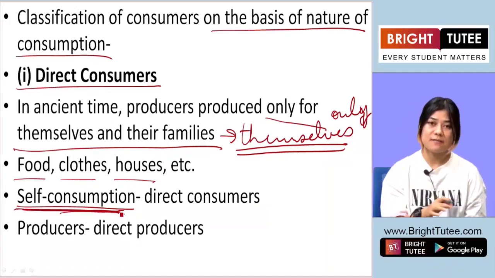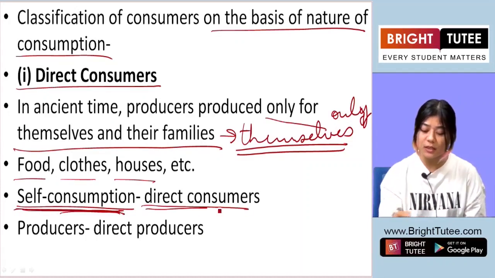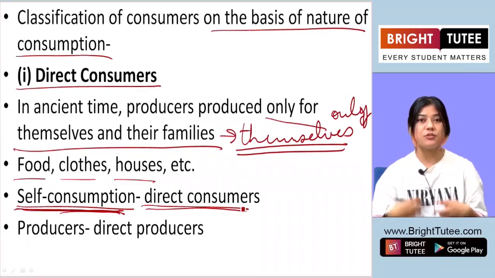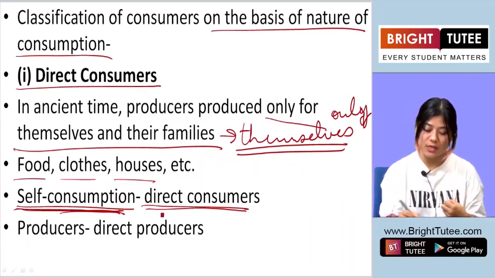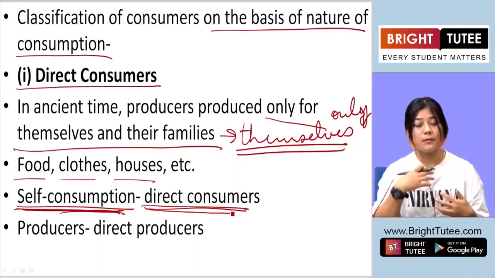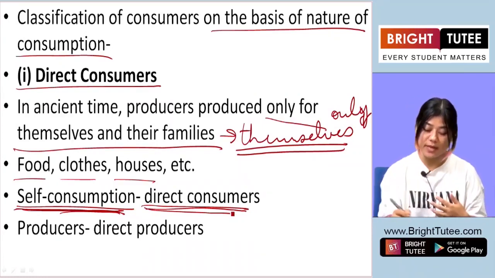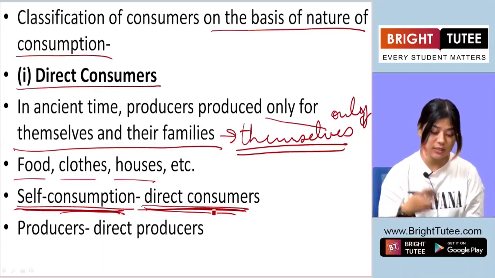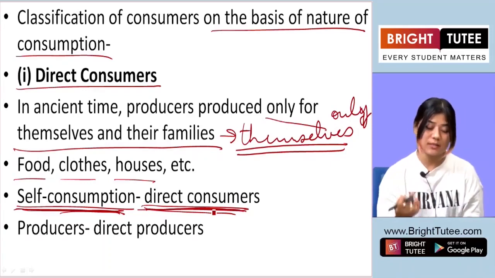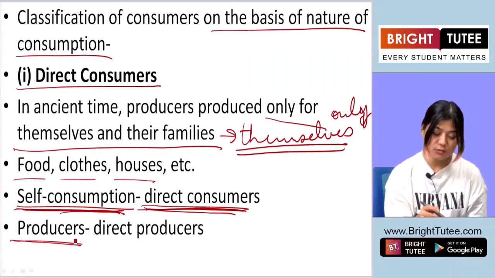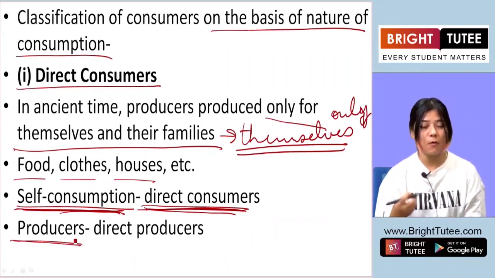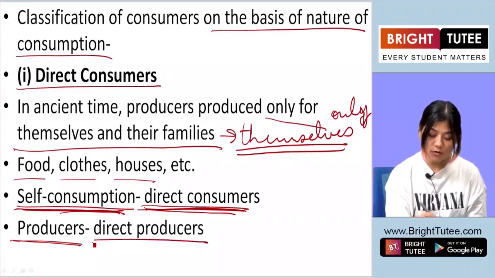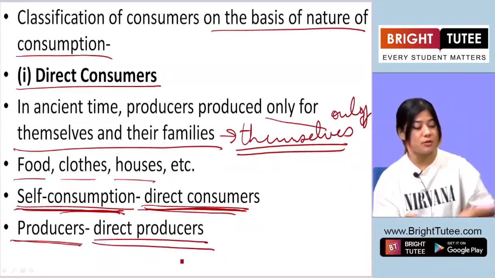Because of this self-consumption, the consumers were called direct consumers, because you make it and then you use it. So there is no lengthy process involved there. The ones who were using these goods and services were called direct consumers. And the producers who were involved in productive activities of goods and services were called direct producers. Alright.